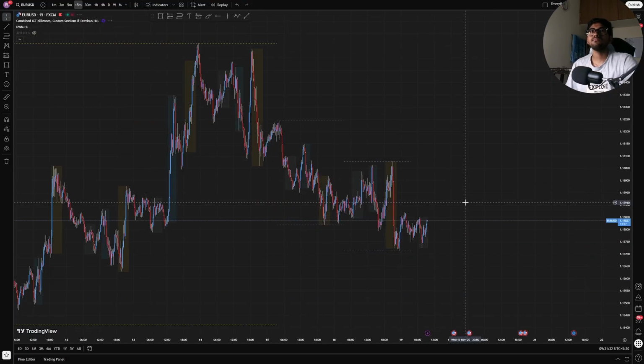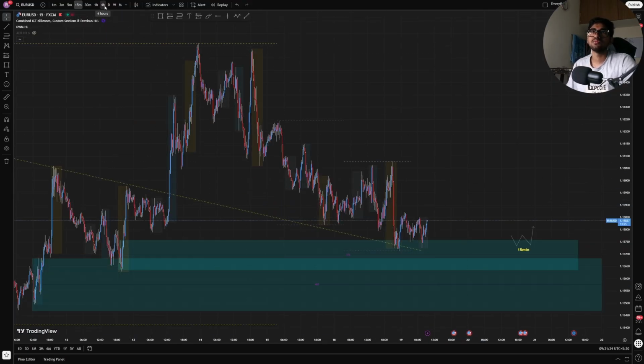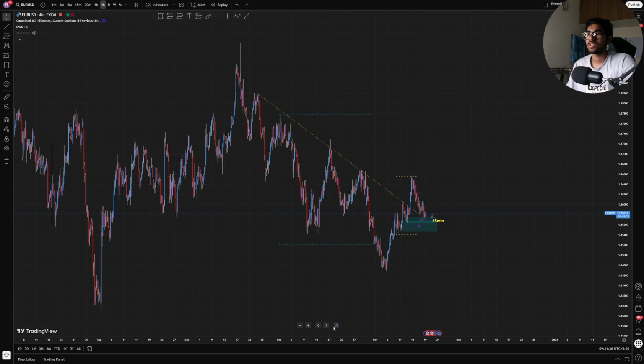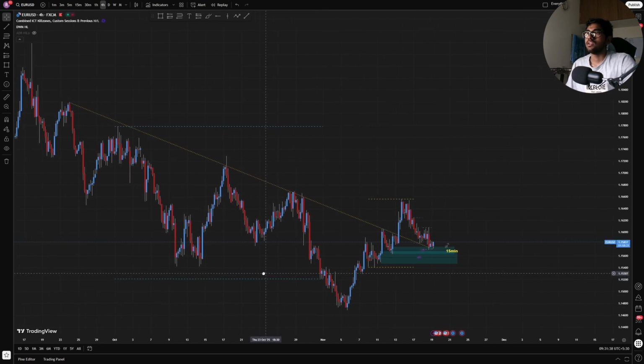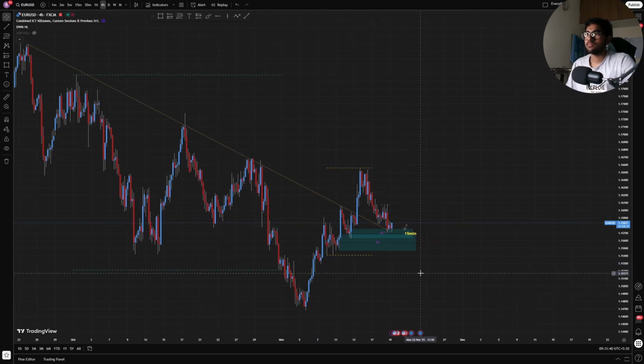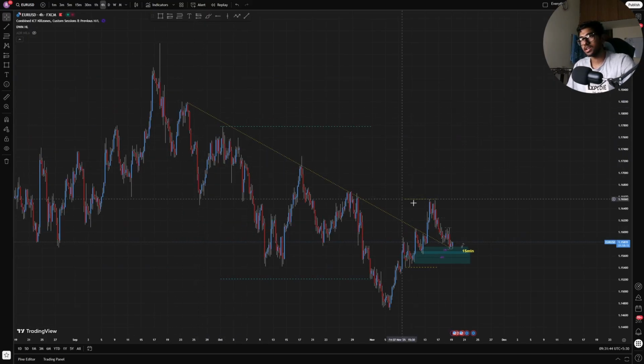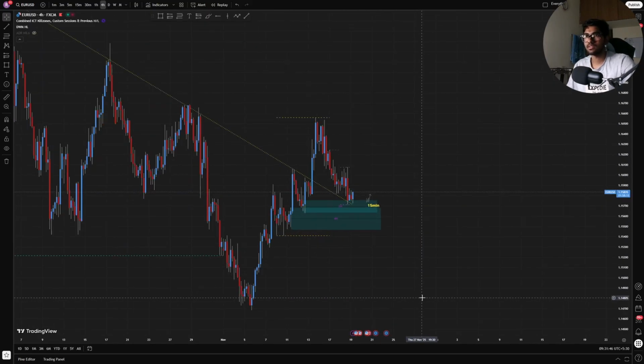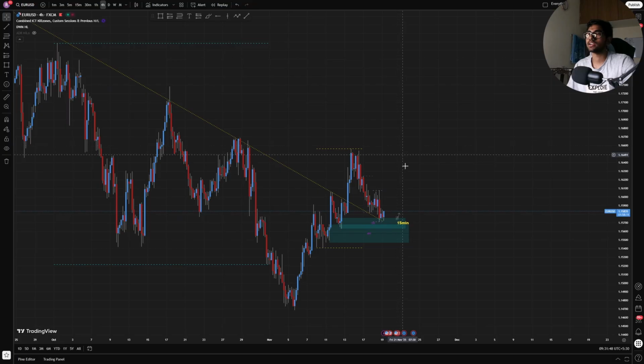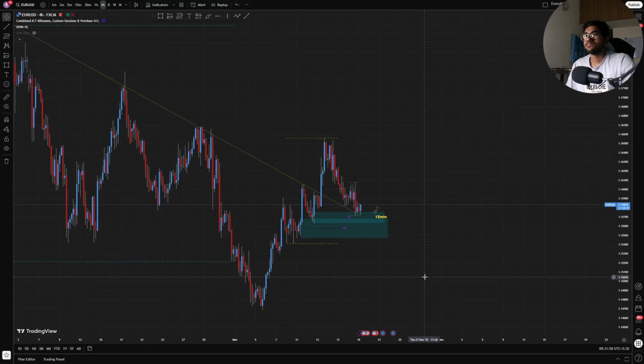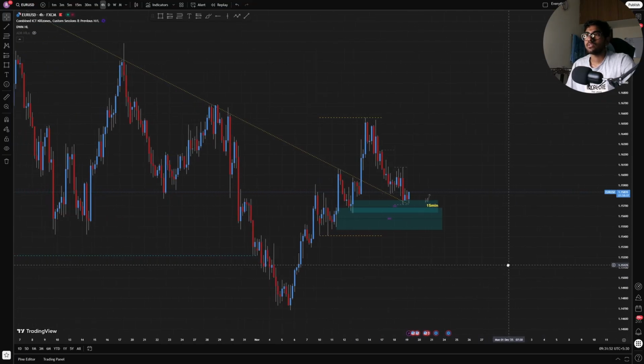Now coming into EURUSD. EURUSD was still at the same place as of yesterday. As we have seen, we've got a trend break, we've got a change of character. And we have two logical places to enter from, right?